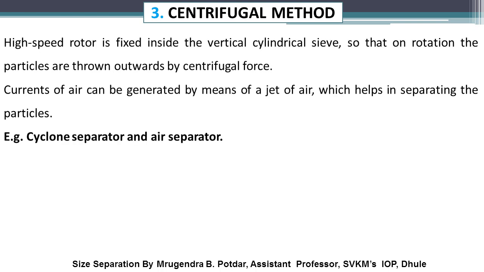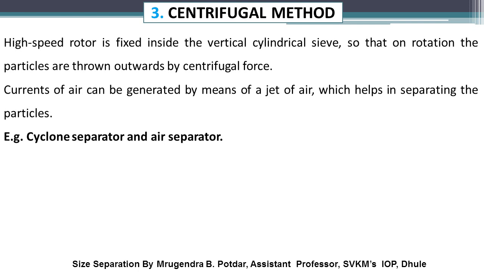Another method of size separation is the centrifugal method. Particle size separation takes place due to centrifugal force. A high speed rotor is fixed inside a vertical cylindrical sieve so that on rotation the particles are thrown outward by centrifugal force.